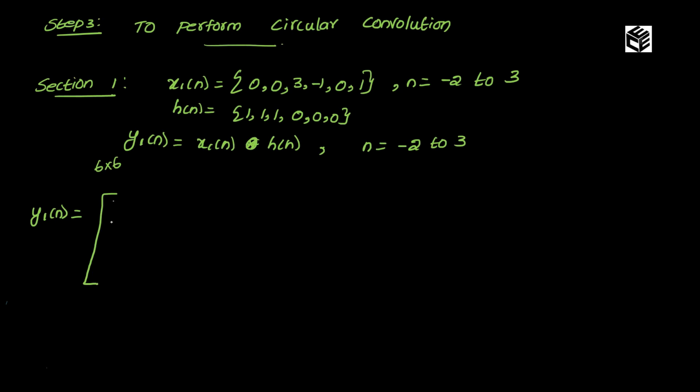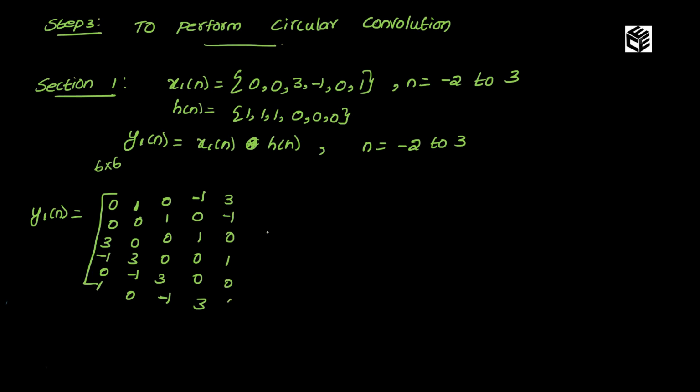I am going to represent the elements 0, 0, 3, minus 1, 0, 1, 1, 0, 0, 3, minus 1, 0, 0, 1, 0, 0, 3, minus 1, minus 1, 0, 1, 0, 0, 3, 3, minus 1, 0, 1, 0, 0. Last one is 0, 3, minus 1, 0, 1, 0. So this is multiplied by h of n sequence, that is 1, 1, 1, 0, 0, 0.